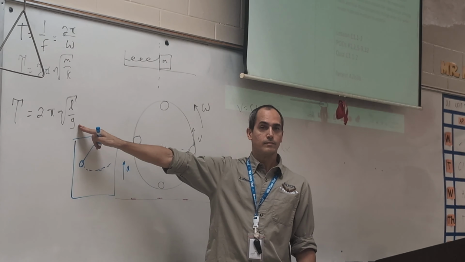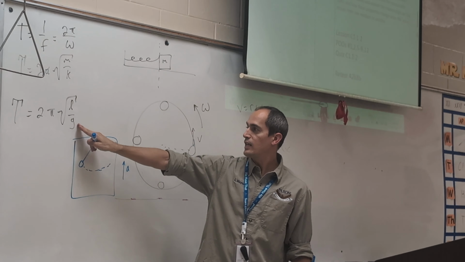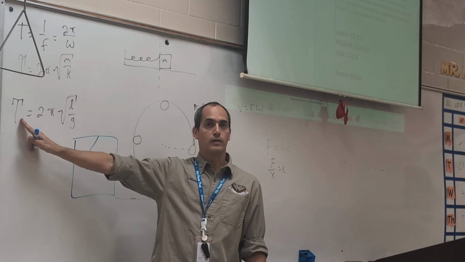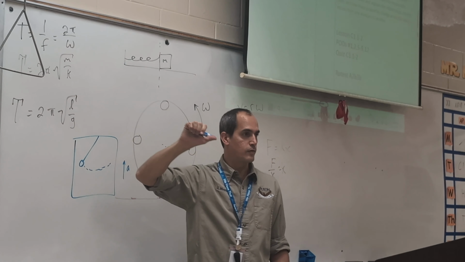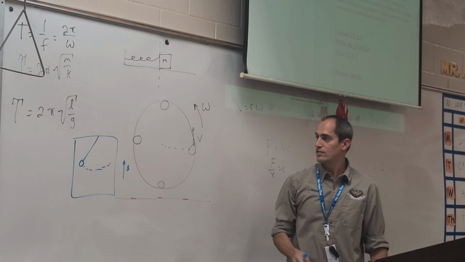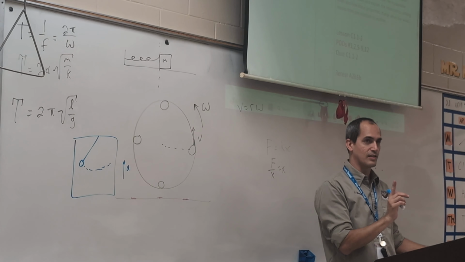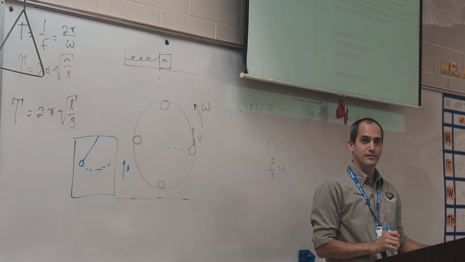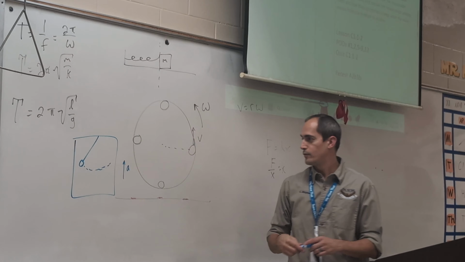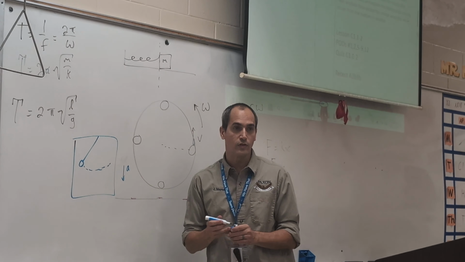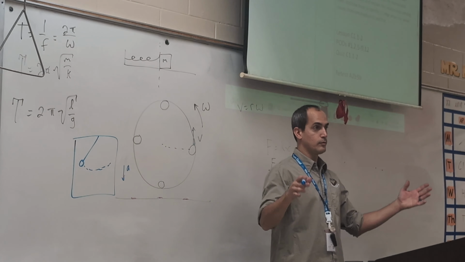So if the G increases, what happens to the period? Decreases. And what happens to the frequency? Increases. So with upward acceleration, how is it going to oscillate? Faster. And vice versa. If we have acceleration down, we feel lighter, right?